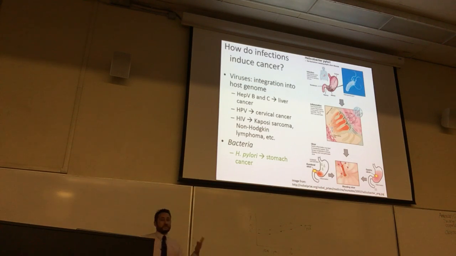All right, so infections. How do infections do this? Well, the infection, if it's a virus, it can integrate into the host DNA. And some examples here are going to be like hepatitis virus, right? Hep B and C can cause liver cancer. Human papillomavirus, HPV, can lead to cervical cancer.